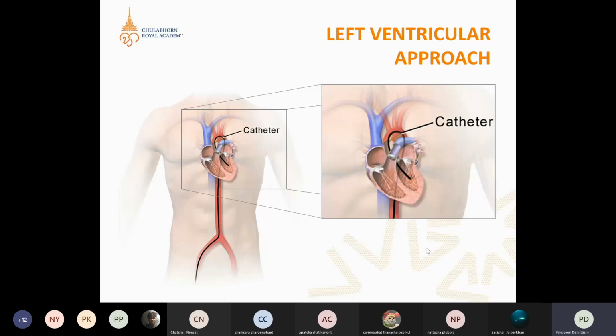After you know about the aortic pressure, I'm going to go to the left ventricular approach by inserting the catheter and trying to approach the LV.